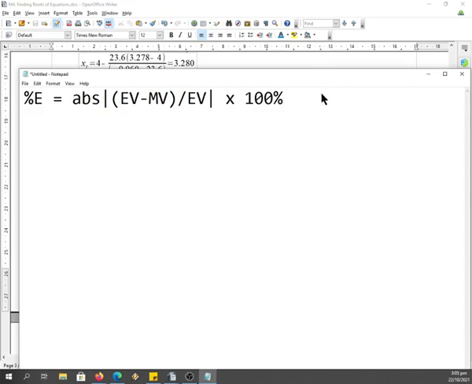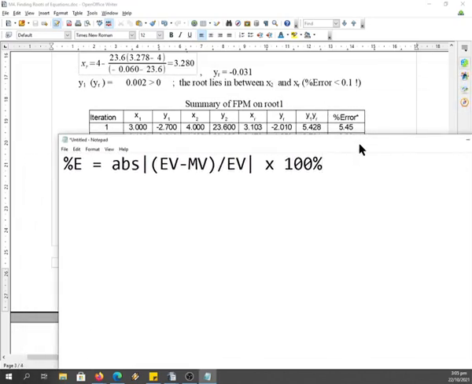For example, for the first iteration, how do you get this? The percent error is equal to the expected value, 3.282, less the first approximation xr, 3.103.